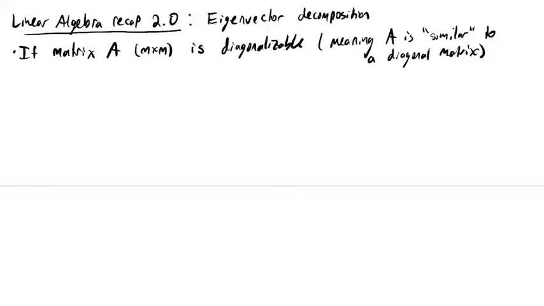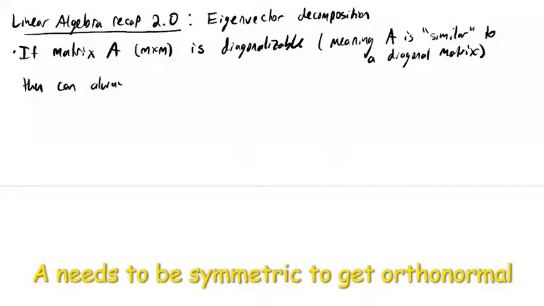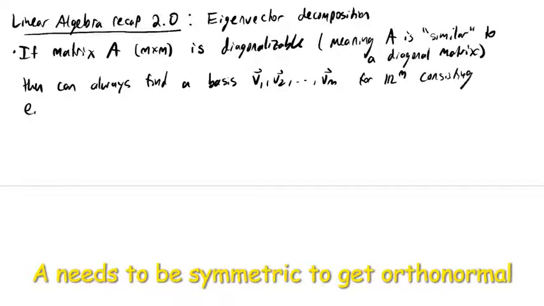Right, okay, so let's suppose that we're given a matrix which we know is diagonalizable. Then you can always find a basis for Rm, say V1, V2 up to Vm, consisting entirely of eigenvectors for A. Right, and moreover, you actually know more.